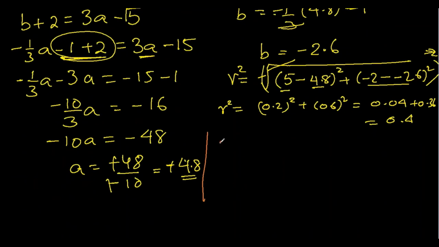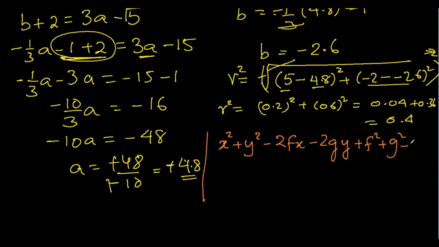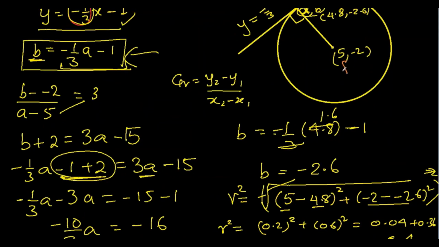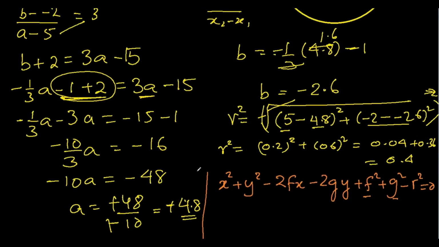So, the general equation of a circle is x square plus y square minus 2fx minus 2gy plus c, where c is equal to f square plus g square minus r square, and equal to 0. f and g are the coordinates of the center of the circle, which is 5, minus 2 here. So we'll substitute these, and we just got r square also, so everything will be okay.